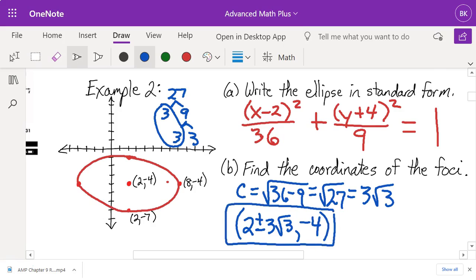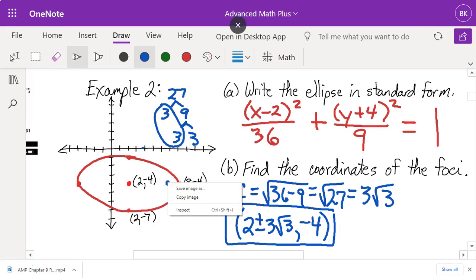Okay? Now I'm going to graph it just so you can see it visually. You don't have to graph it. Okay? But somebody put in their calculator, what is 2 plus 3 square root of 3? Somebody put it in your calculator, please. 7.19. So here's 1, 2, 3, 4, 5, 6, 7.1. Ooh, I was very close.